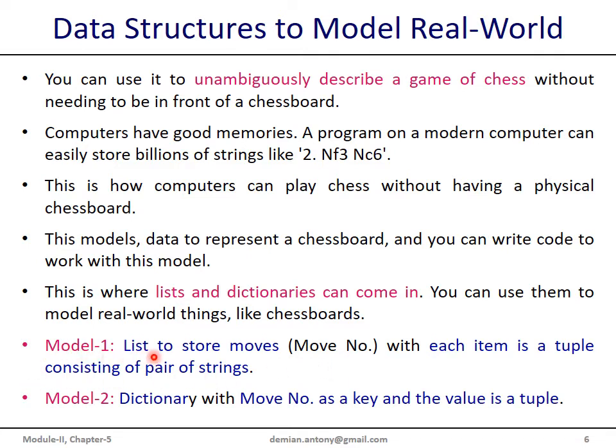The first model is a list implementation to store these chess piece movements, where each item in the list represents a tuple containing a pair of strings. That is Nf3, this is the first tuple item, and this is the second tuple item.